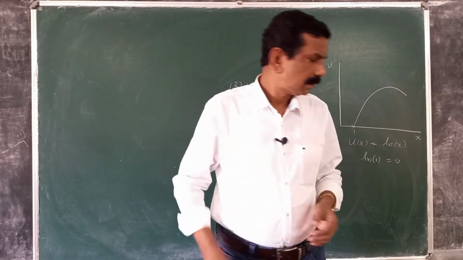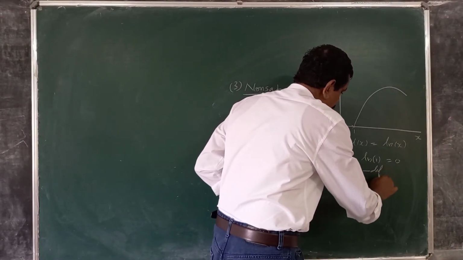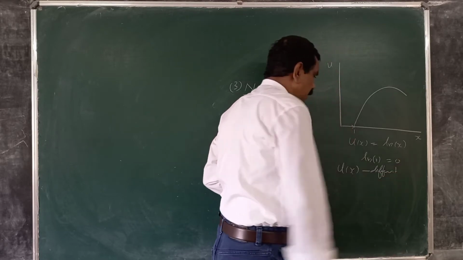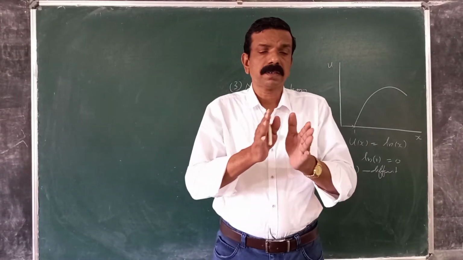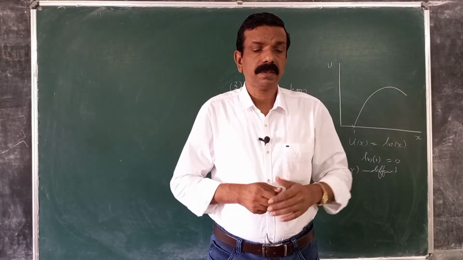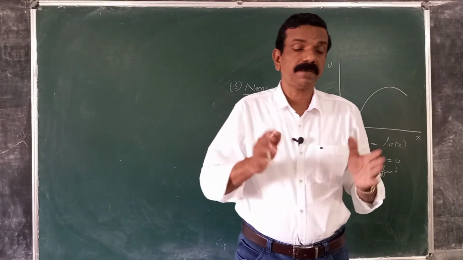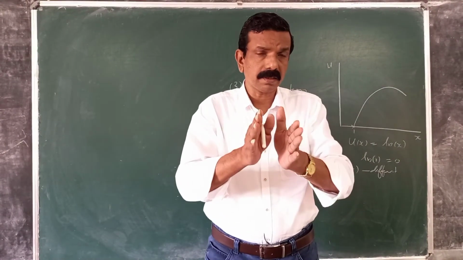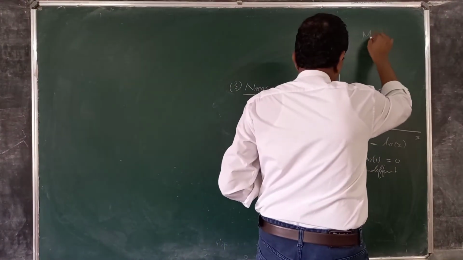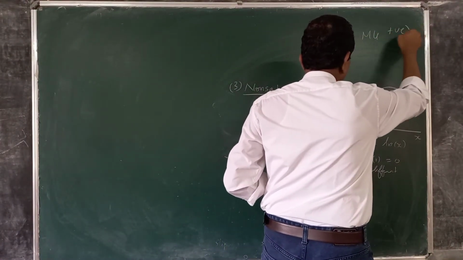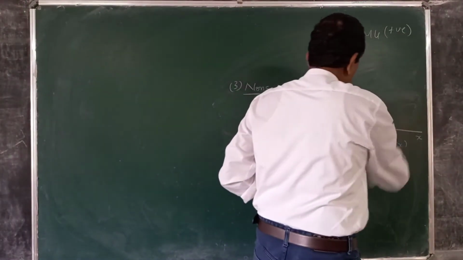Now, assuming that the utility function is differentiable, the non-saturation axiom requires that the first order derivative of the utility function, that is marginal utility, is positive. Non-saturation axiom requires that marginal utility be positive.